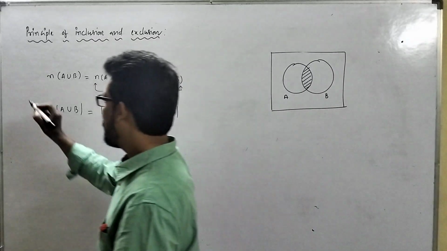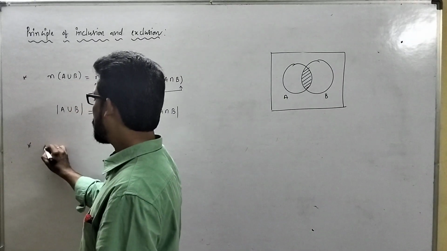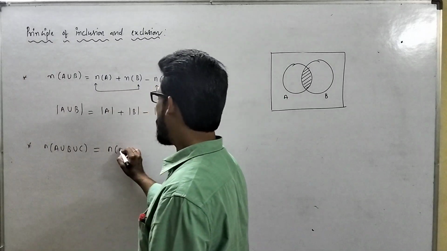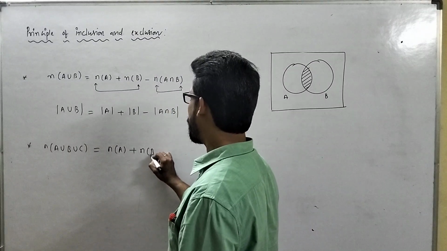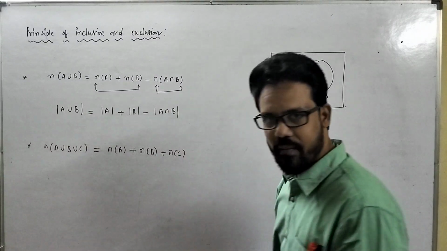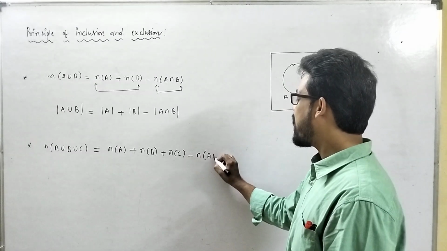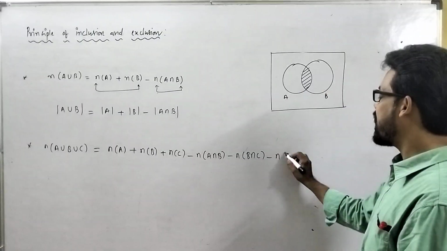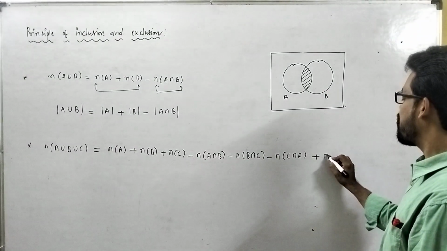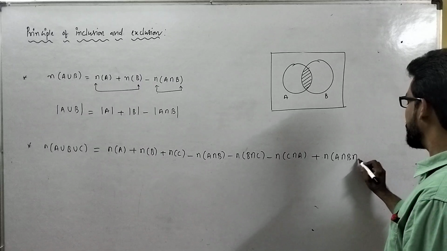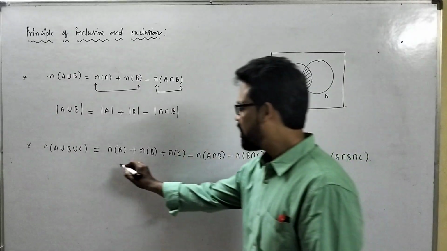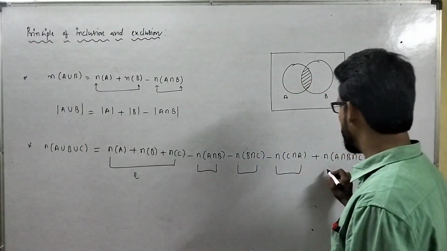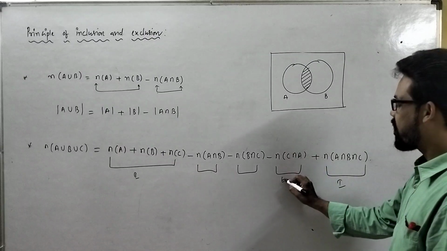If you go for that, for example, take 3 sets: n of A union B union C equals n of A plus n of B plus n of C minus n of A intersection B minus n of B intersection C minus n of C intersection A plus n of A intersection B intersection C. Again, this is the inclusion, and again exclusion, exclusion, exclusion, and again inclusion.